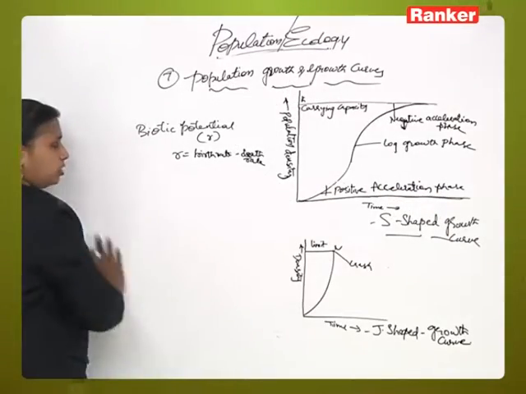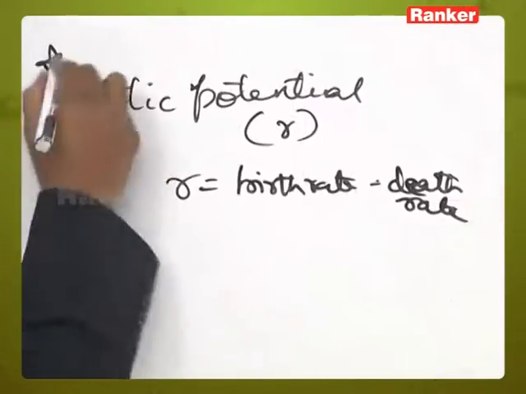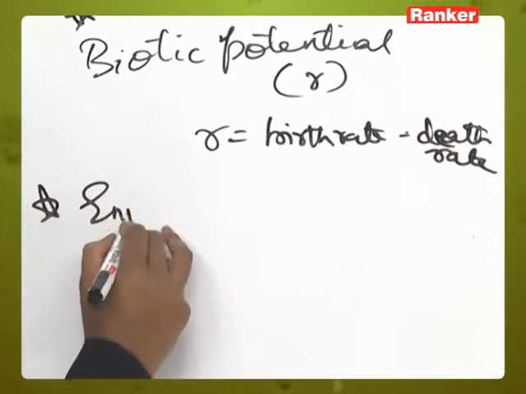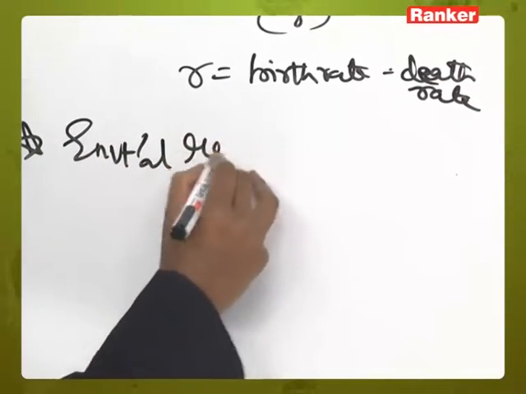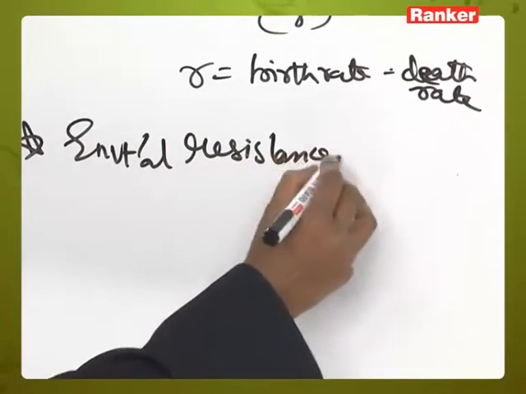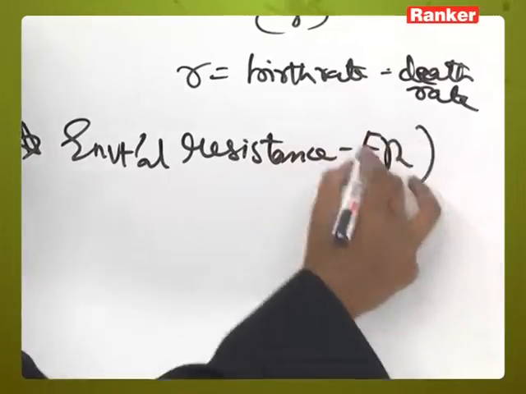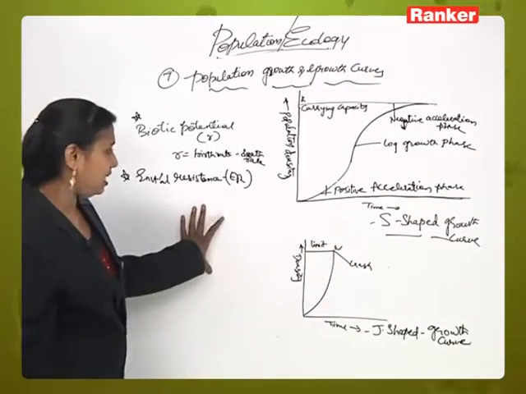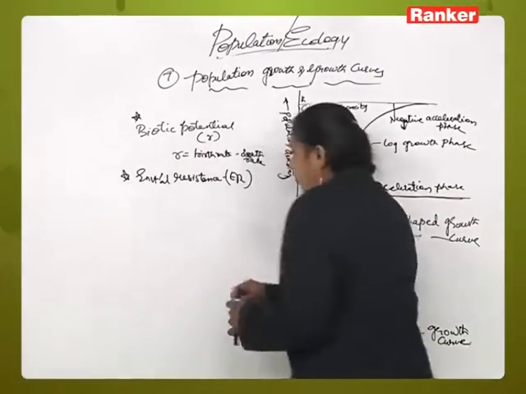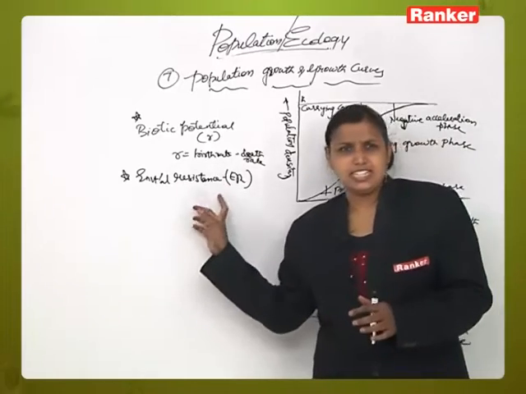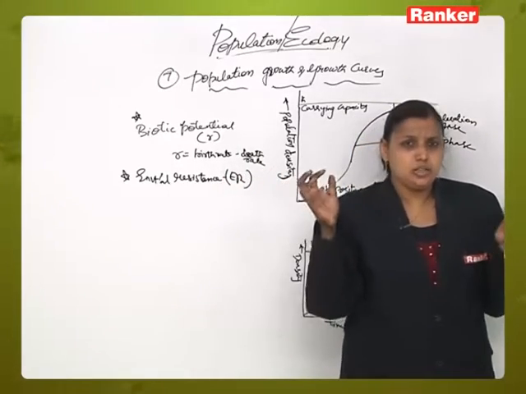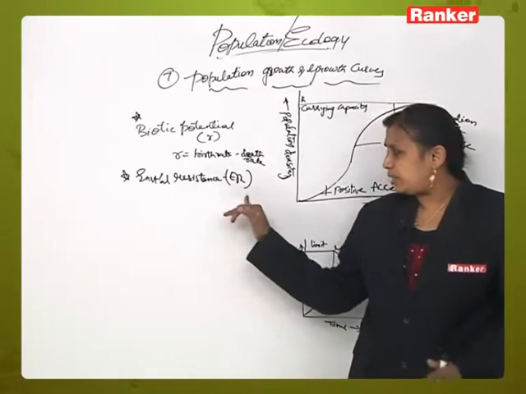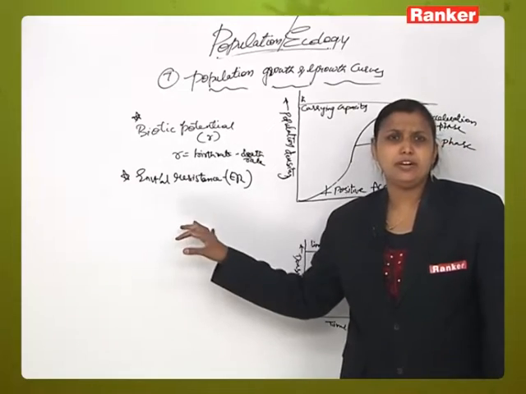Now one more important term is environmental resistance. It is represented by ER. What is ER here? Environmental resistance is nothing but the cumulative effect of both biotic and abiotic factors.